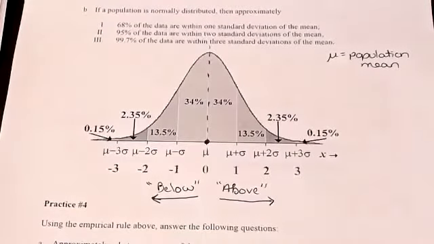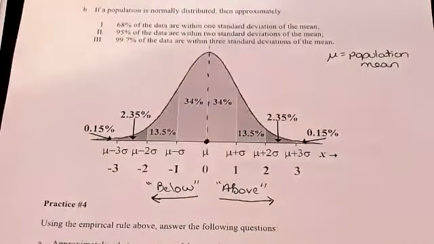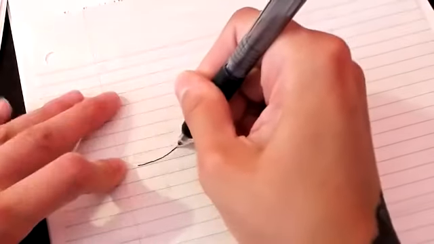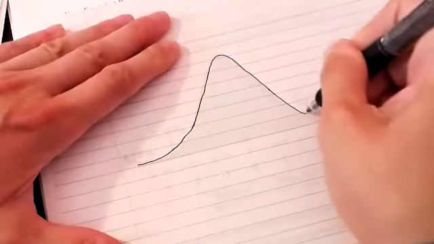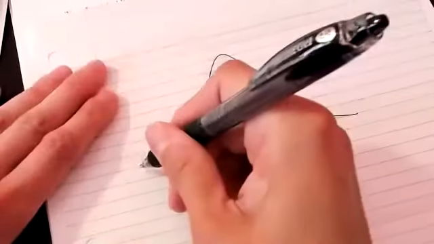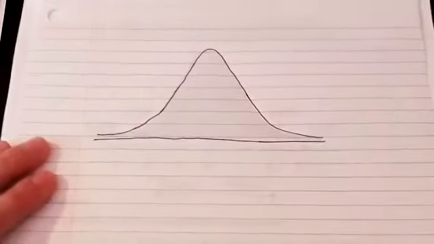If you would like, please take out a scrap sheet of paper. I want to show you what this looks like. We're going to take a scrap sheet of paper and try to draw our normal curve. That's a pretty decent curve.